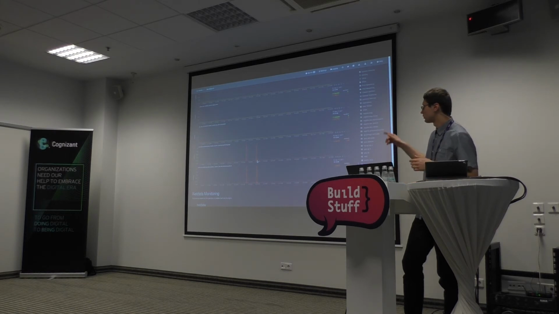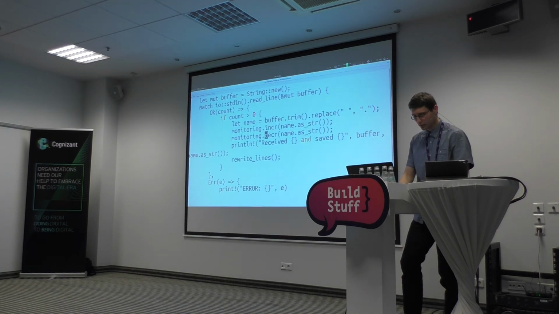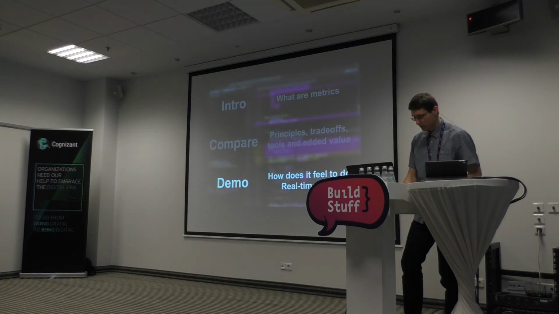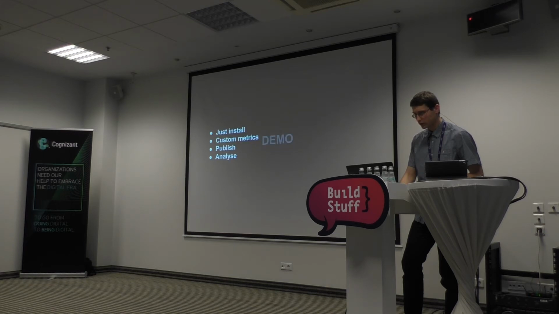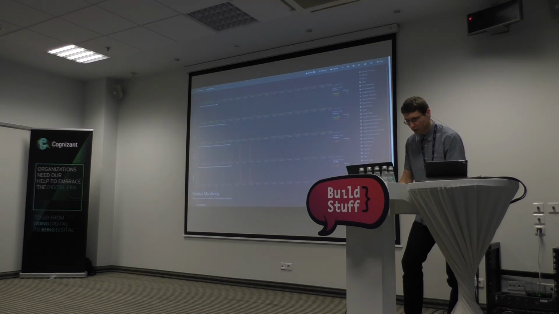So I just use the increase and decrease. Okay, so that's probably about it, about the demo. Just a quick reminder of what we showed and what I haven't showed.